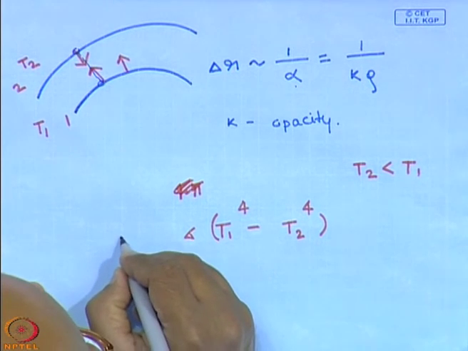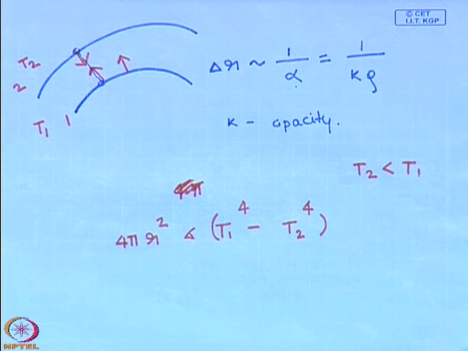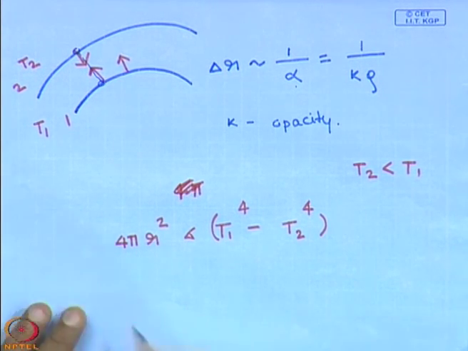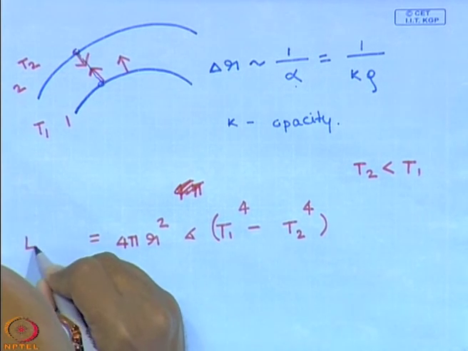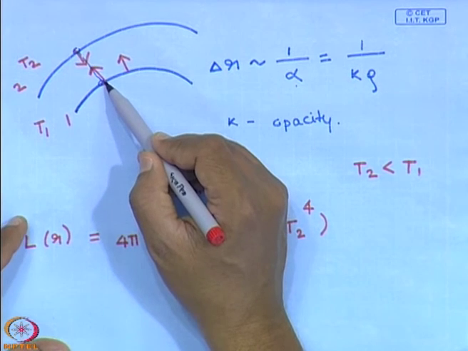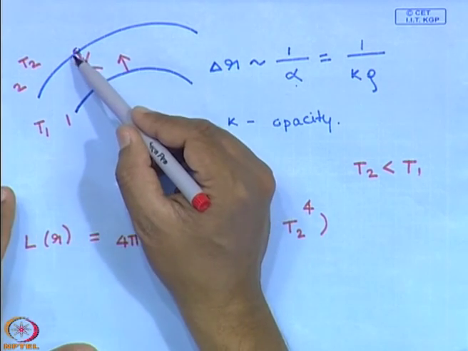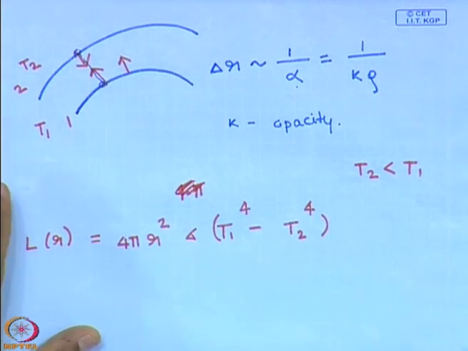So, if I multiply this with the area 4 pi r square, I get the luminosity at a distance r, right. That is the luminosity at a distance r. So, the photon which leaves from here propagates only this distance typically and then gets absorbed again. The photon that leaves from here propagates this distance and then gets absorbed again.